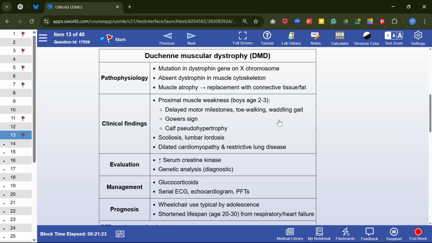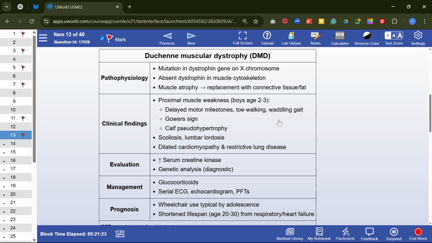Evaluation: increased CK; genetic analysis is diagnostic. Management: glucocorticoid, serial ECG, echocardiogram, pulmonary function test. Prognosis: wheelchair use typical by adolescence, and shortened lifespan to age 20 to 30 from respiratory failure or heart failure.